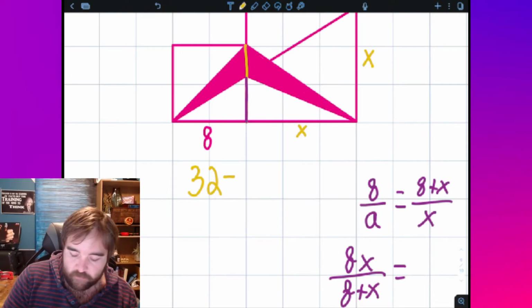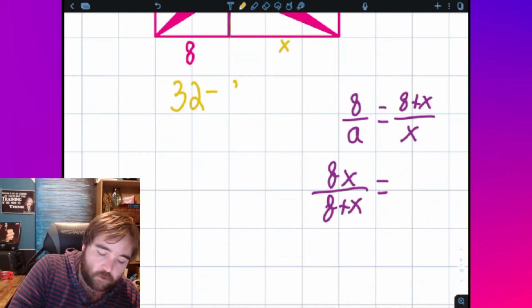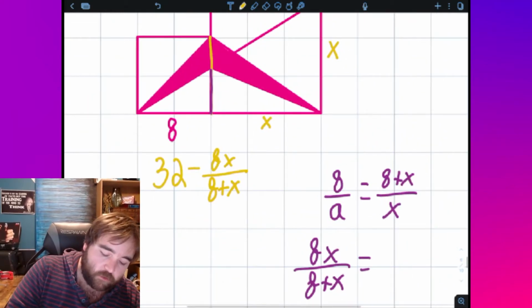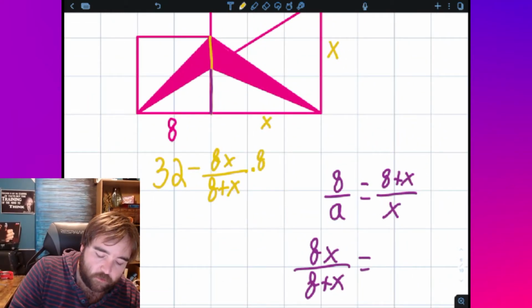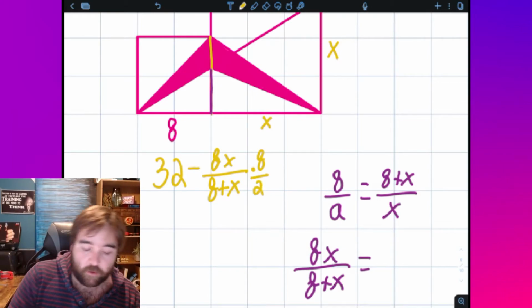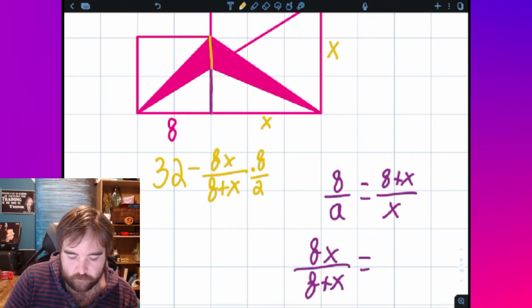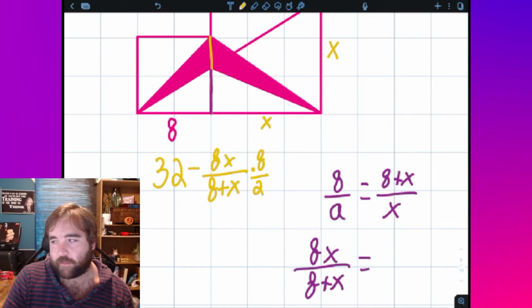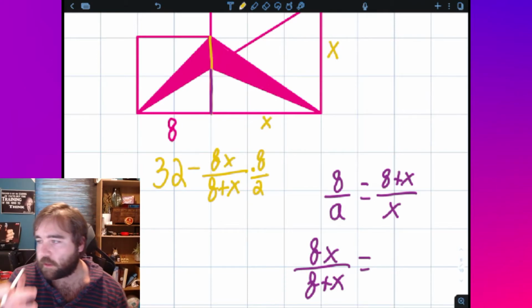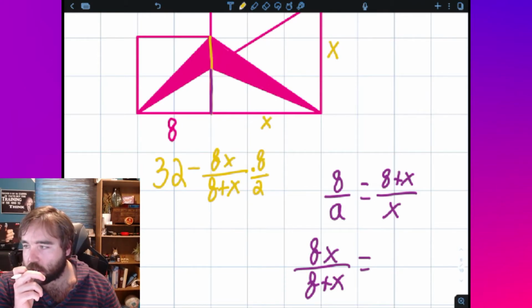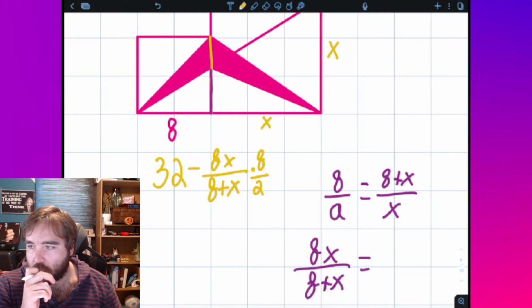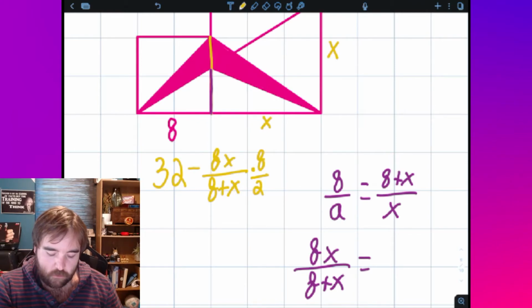So then the area of that triangle is going to be 8x over 8 plus x times 8, the base, divided by 2. And then I guess we could have done it as one big white triangle on the bottom, couldn't we?